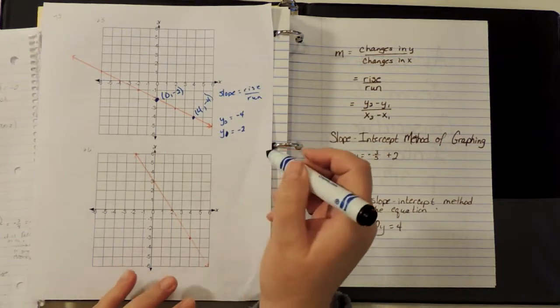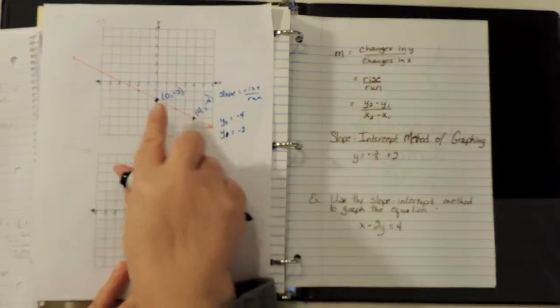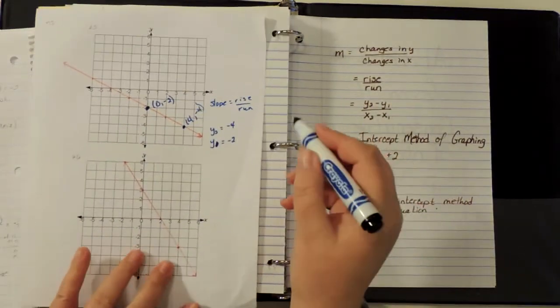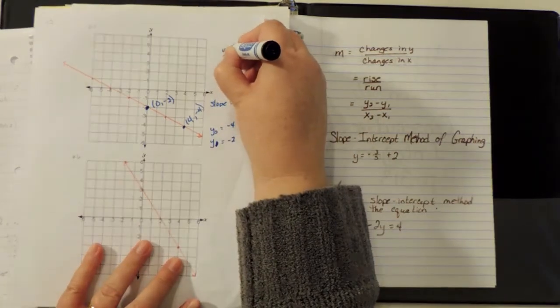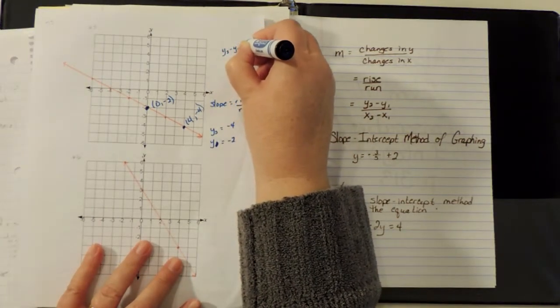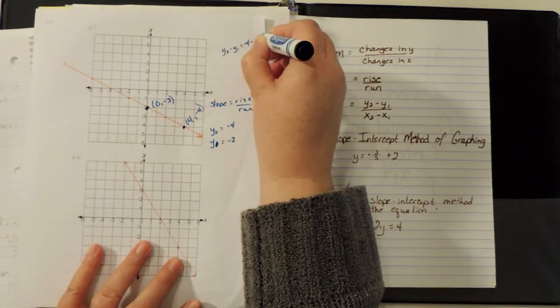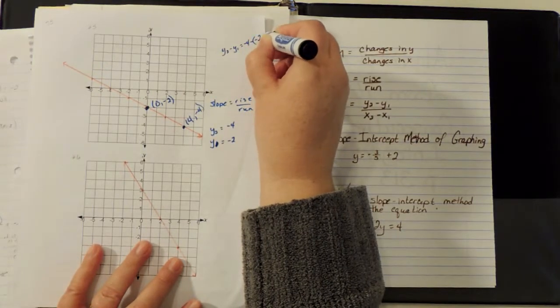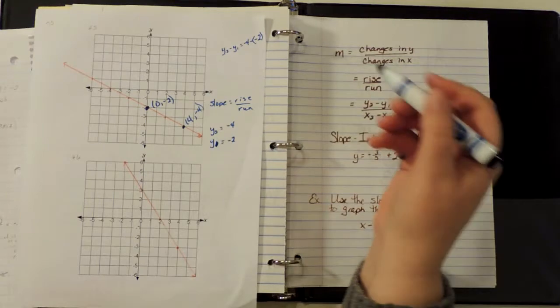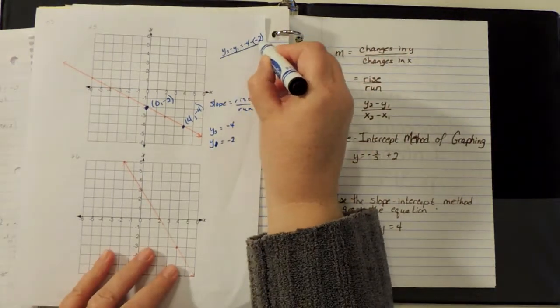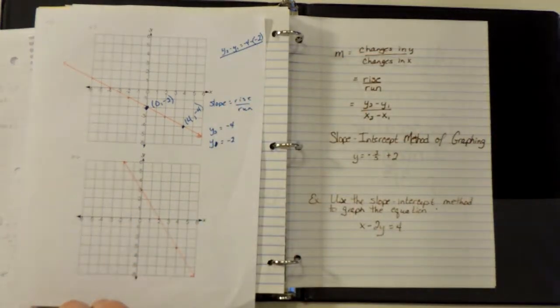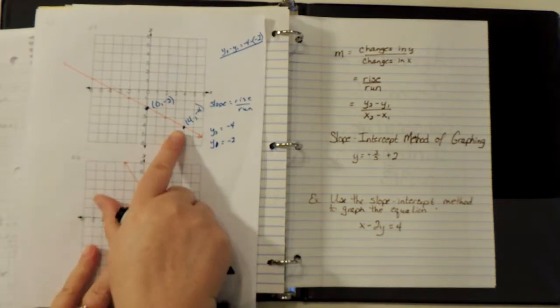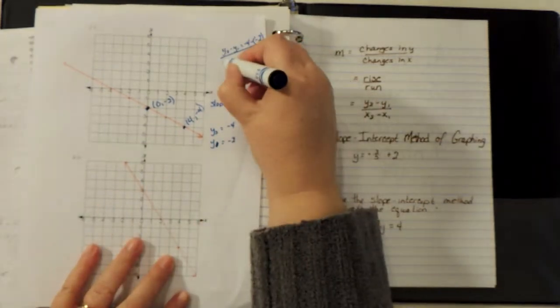So to find the rise, the difference between this one and this one, we're going to subtract those, and we're going to say y2 minus y1 equals -4 minus -2. Okay? And we are going to divide that by the change in x. So x2 is 4.